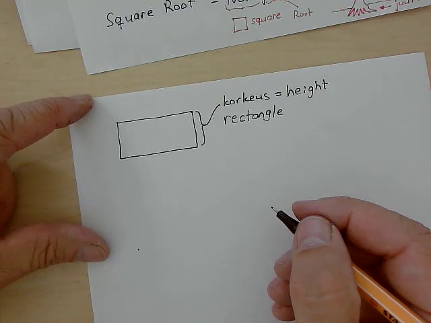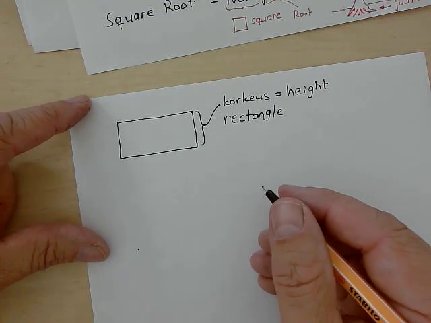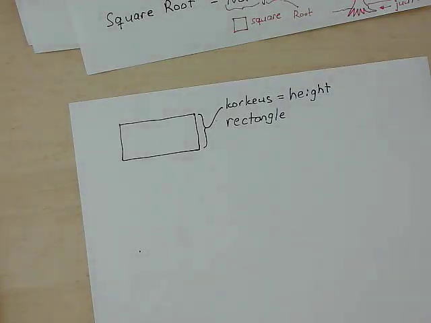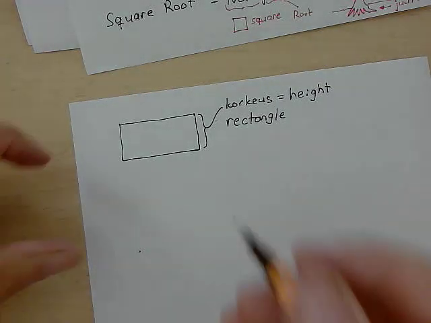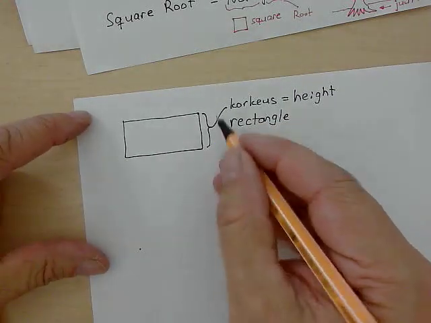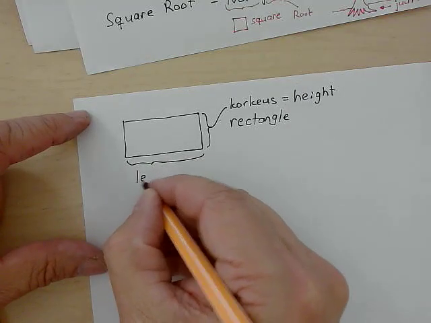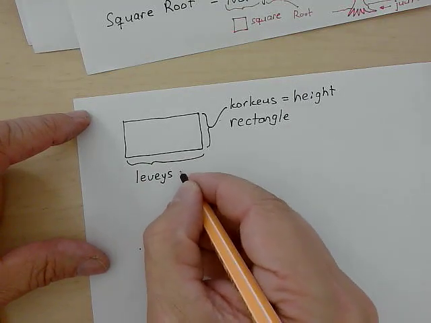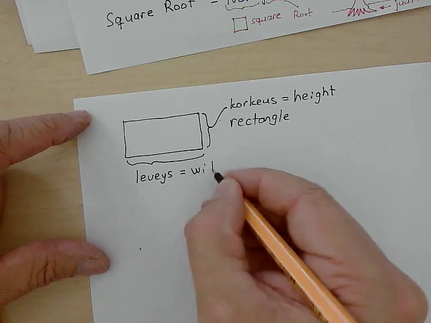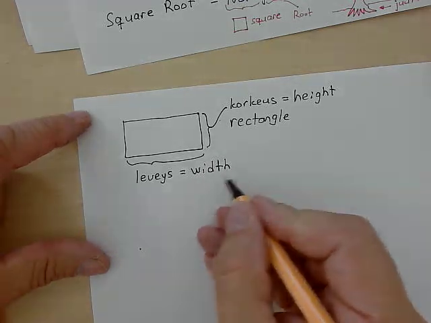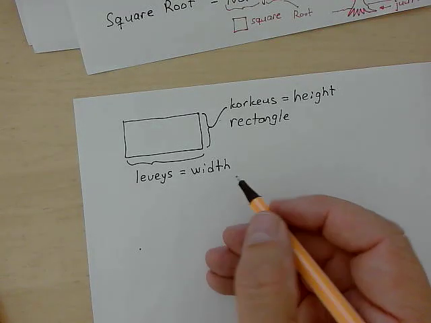But when it is three-dimensional, then it has different, like width, length. We would say this is korkeus, height, and this is leveys, width. Please, if I write this incorrectly, correct me.